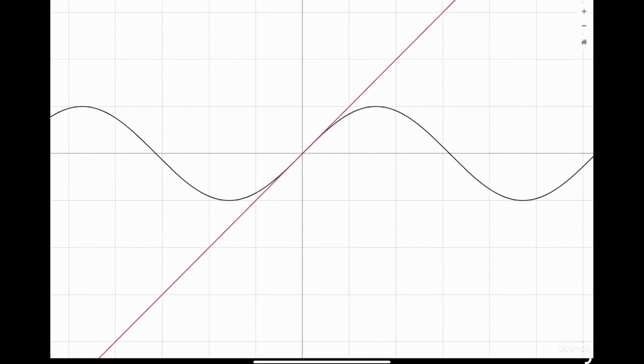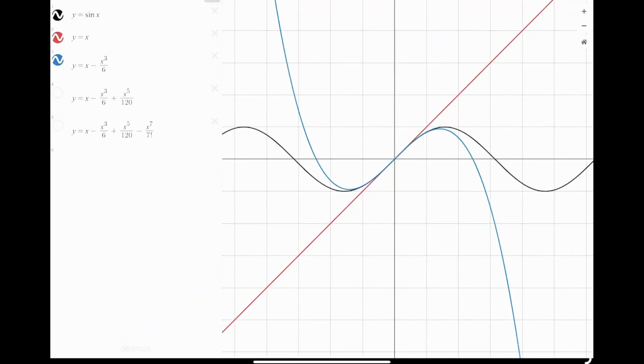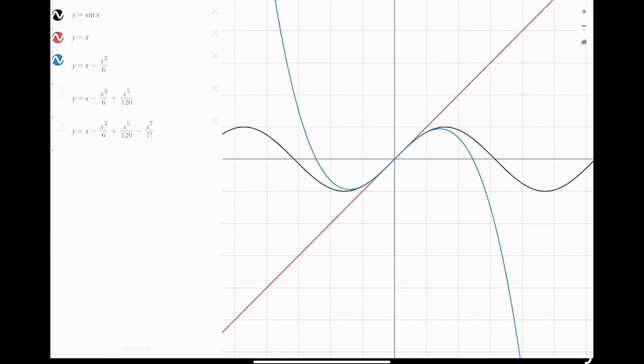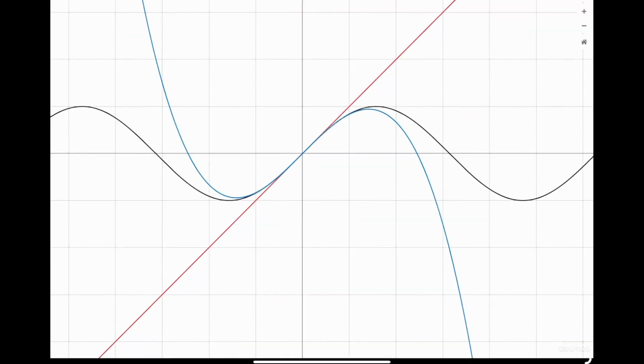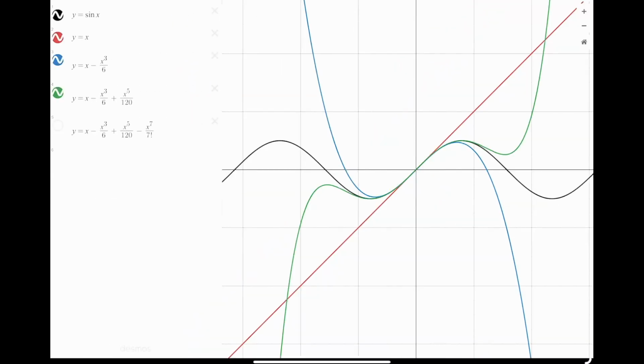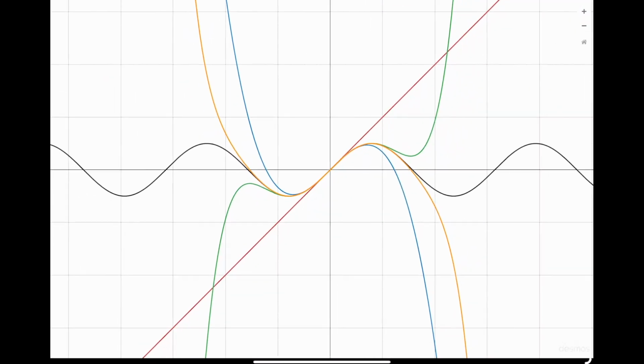So we did some algebra. I don't know if you remember this, but we subtracted some things. We looked at some differences, and we came up with some other functions. We came up with x cubed over 6. And I kind of led you to these other ones, an x to the fifth over 120 or an x to the seventh over 7 factorial. Because we could have guessed any number.